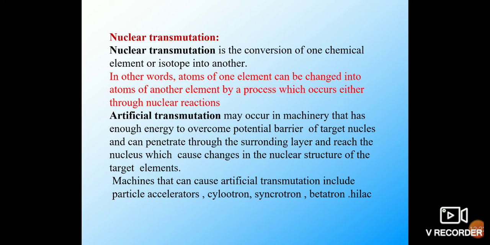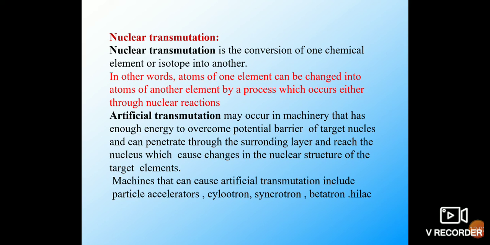So a nuclear reaction is nothing but nuclear transmutation, that is conversion of one element into another element. Okay, see here, you call it artificial transmutation. Artificial transmutation means the target nucleus is bombarded with a projectile, then that bombarding particle reaches the nucleus and causes a change in the nuclear structure of the target element.